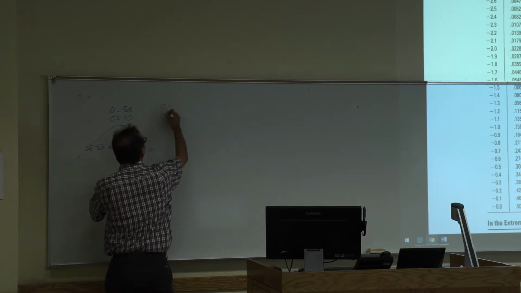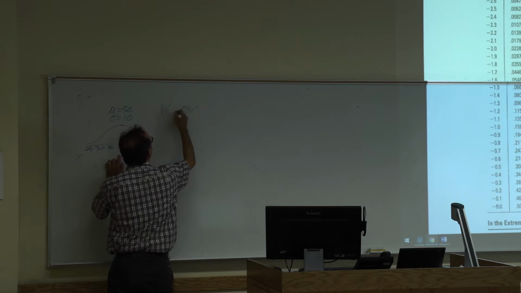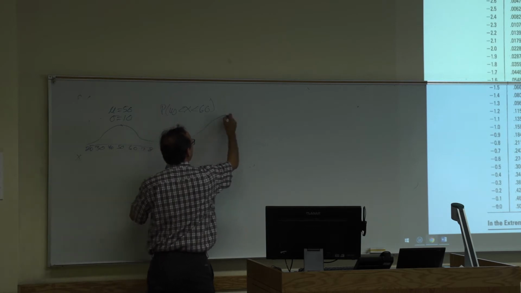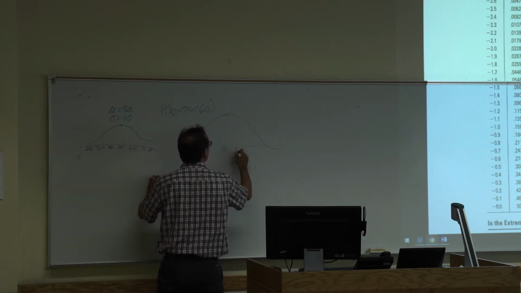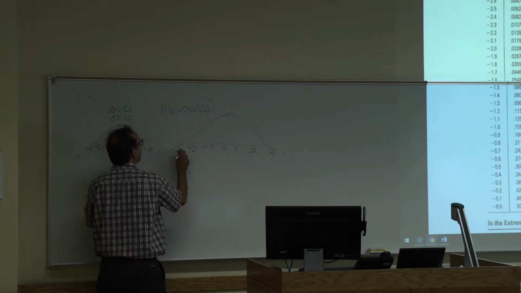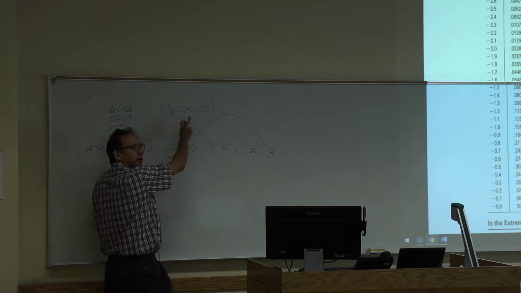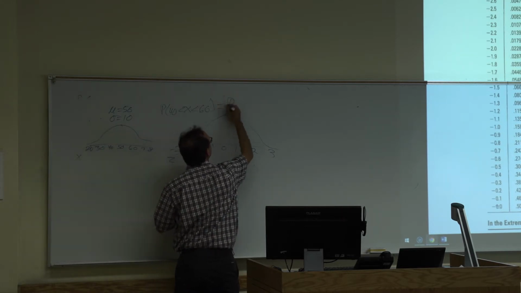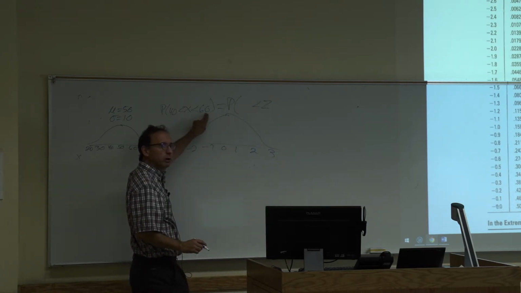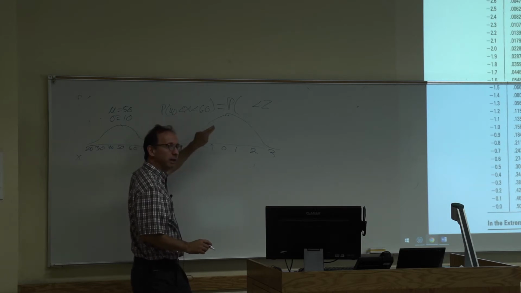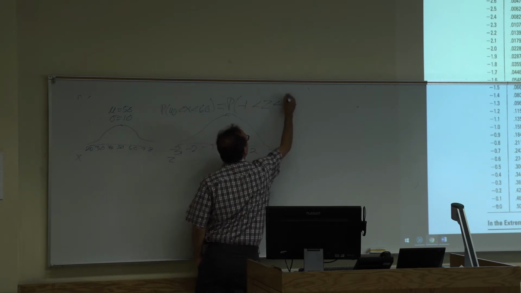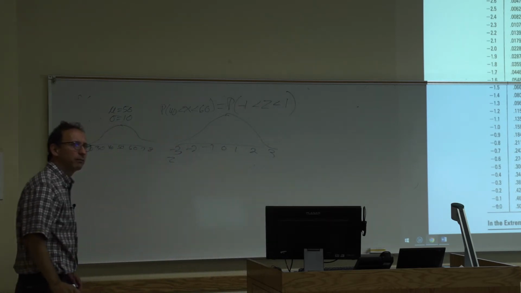If I want the probability that x is between 40 and 60, what I can do is convert over to our standard normal distribution. So in terms of z, this probability is going to be equal to the probability that z is between what and what? You convert each of these values to a z-score by taking the x value minus the mean divided by the standard deviation. So you get -1 and 1. Does that make sense?